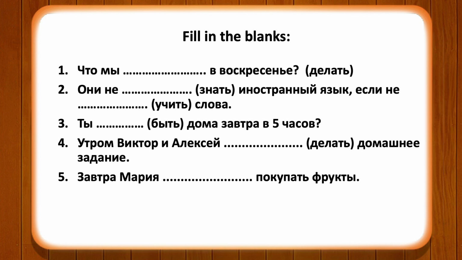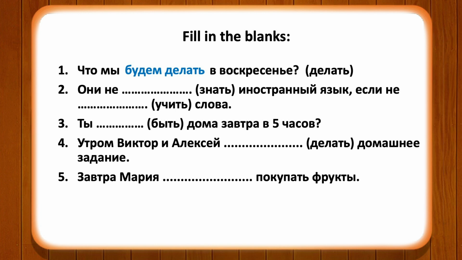The subject here is the pronoun мы, and you will conjugate therefore the verb быть according to the pronoun мы. So, что мы будем делать в воскресенье? Будем plus делать. Будем followed by делать in infinitive form. So, you will fill in the blank by using the conjugated form of the verb быть followed by the infinitive form of the verb. So, что мы будем делать в воскресенье, it means what are we going to do on Sunday, or what will we do on Sunday.